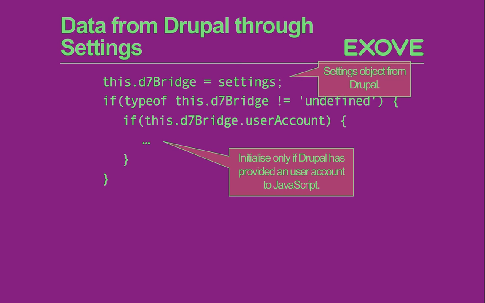This is just an example that we use: check that the user account is set, for pages where the user should be logged in. So the code will be run only if Drupal provides the settings and the settings contain certain data that we are interested in. You could have any other setting checks there. It depends on what you are going to do.